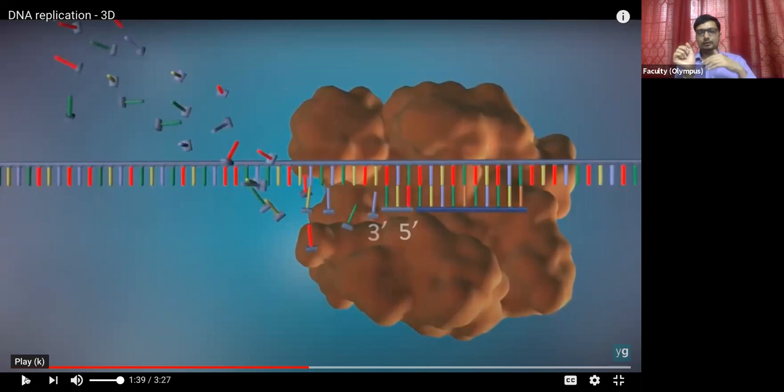So to begin the replication process, the action of the primase enzyme creates the primer. Primer is the complementary sequence to the template strand. Only once the primer is added, DNA polymerase can extend that strand. Okay, remembering all this information is too much, but remembering the concept is easy, correct?